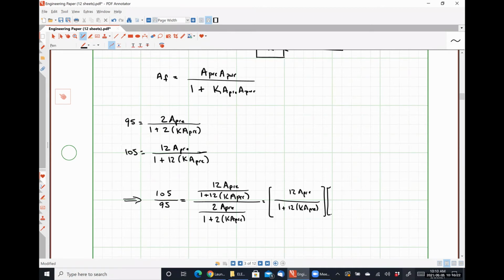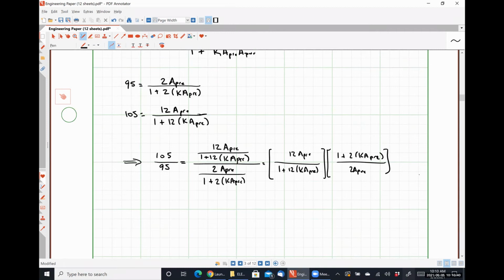So when I divide by a fraction, it's the same as multiplying by a reciprocal. So that's going to give me 1 plus twice K A preamp, all over 2 A preamp.